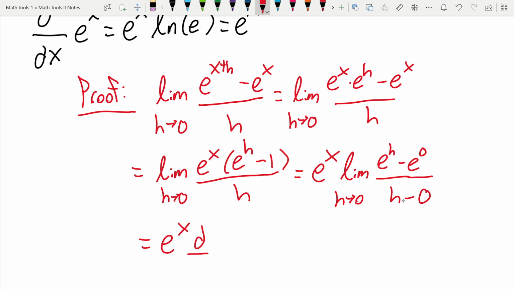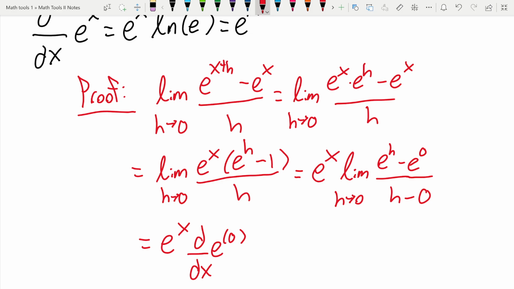So this is the derivative of e to the x at 0. So this is like d dx of e to the x. I guess we'd write it like this.